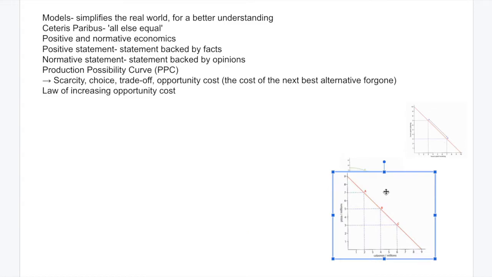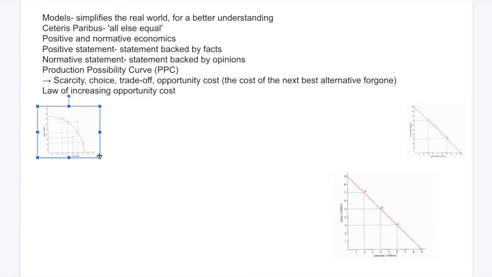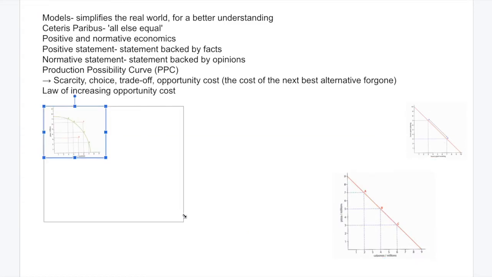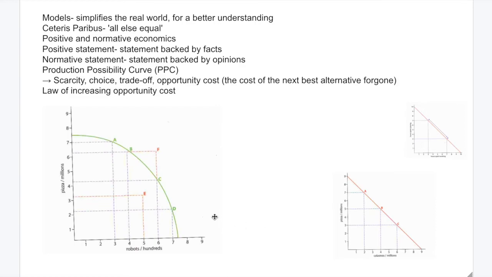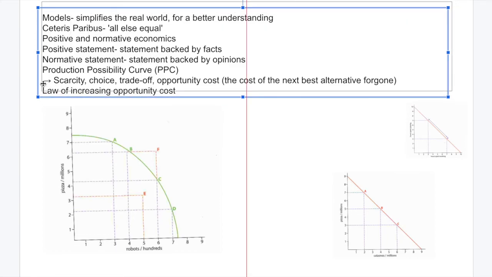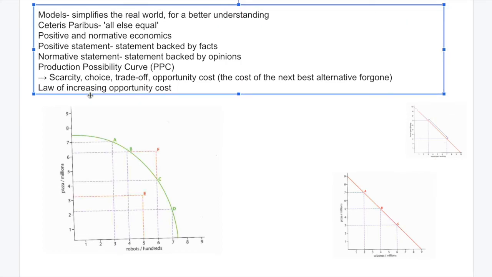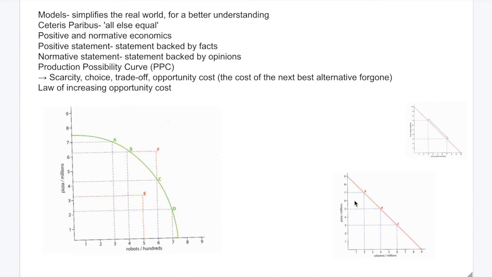Now you might see this PPC curve and some people might think it's the same, but it's really not, because this curve is a bowed out curve. It's arching outwards. So why is it arching outwards? Because it shows the law of increasing opportunity cost. What does that mean? Well, before we stated that the opportunity cost for linear is the same, right?